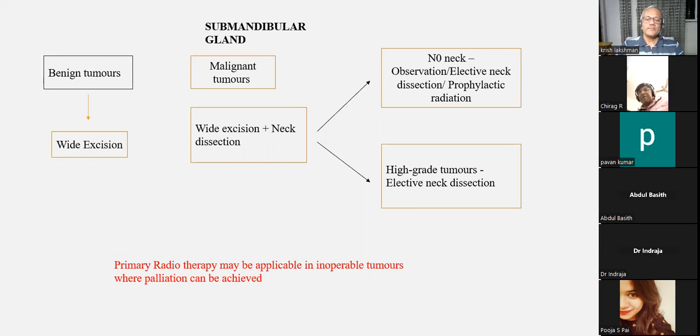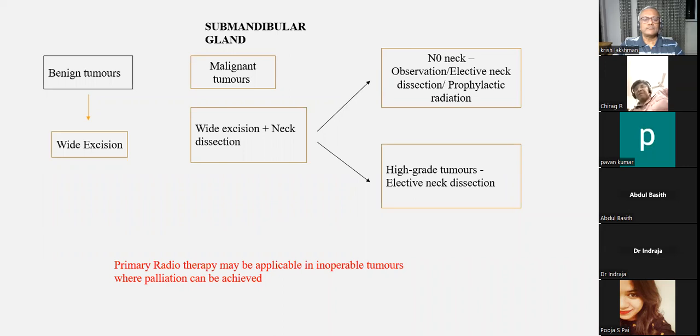The main thing is that the submandibular, sublingual, and minor salivary gland tumors behave much worse compared to the parotid. So you have to be more careful. You are probably on the side of doing the neck dissection, especially considering size and grade of the tumor, even though clinically and radiologically it may be node negative.